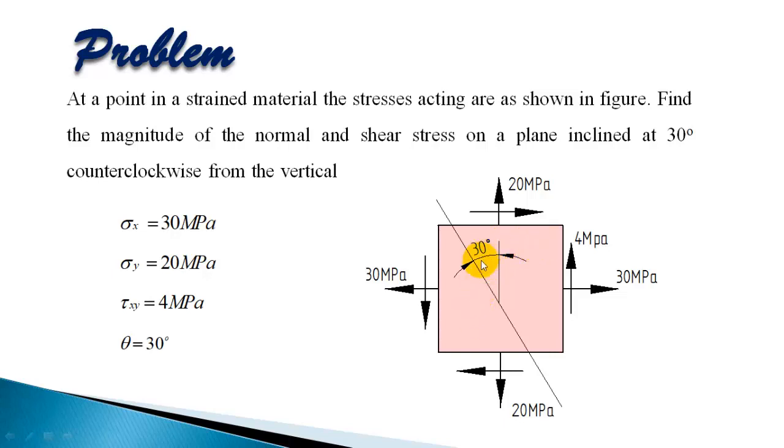Now this plane is 30° counterclockwise from the vertical, so plus 30. You can measure the same plane in the clockwise direction. Then the angle will be minus 150, since the total is 180 and you subtract 30. So you can use either plus 30 or minus 150 for the angle.